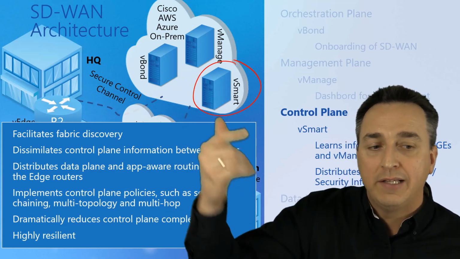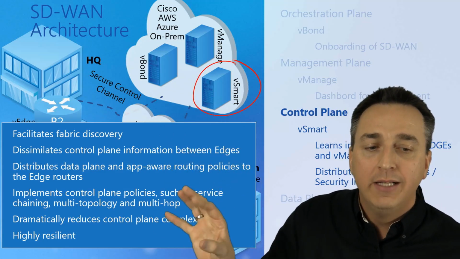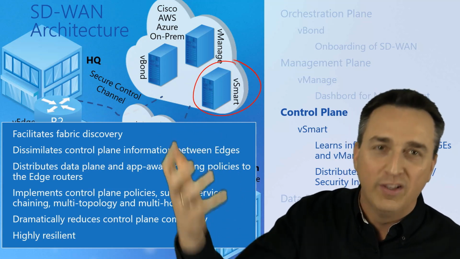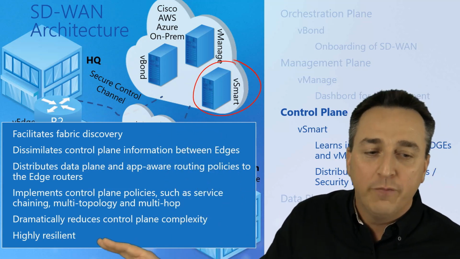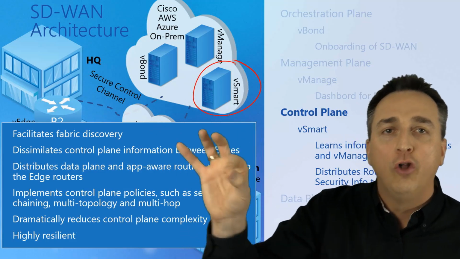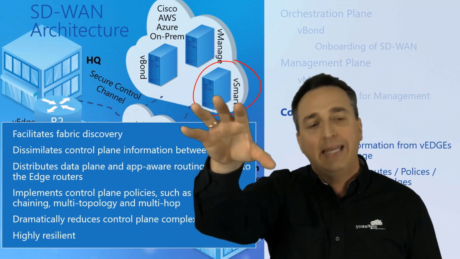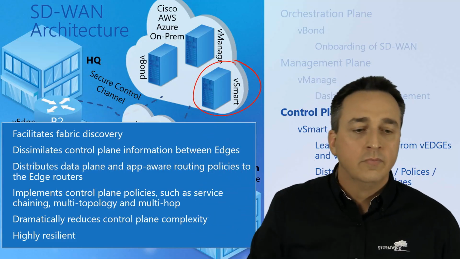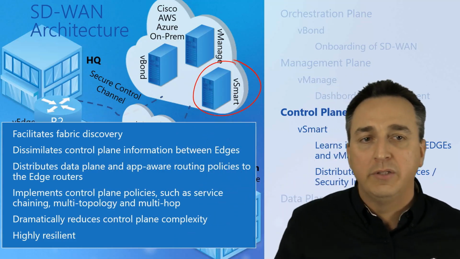But if you switch to SD-WAN, now you've got one centralized control plane and a backup, hopefully, okay? Therefore, dramatically reducing the control plane complexity. So all the brains of all the devices are here now. And you want to make sure it's a highly resilient device.